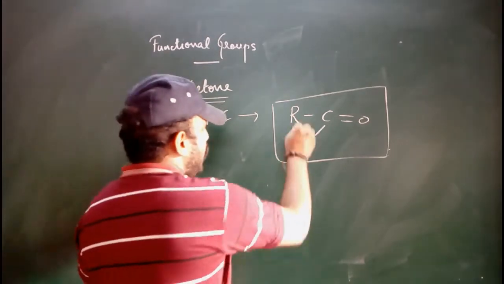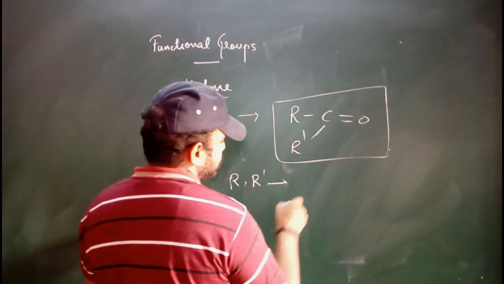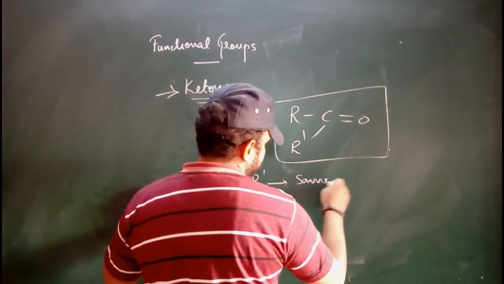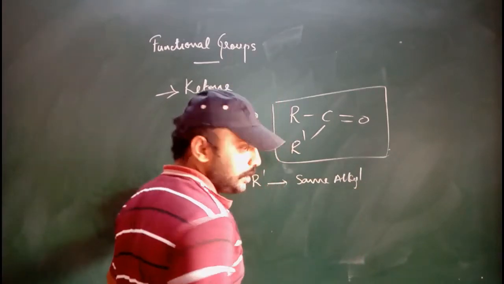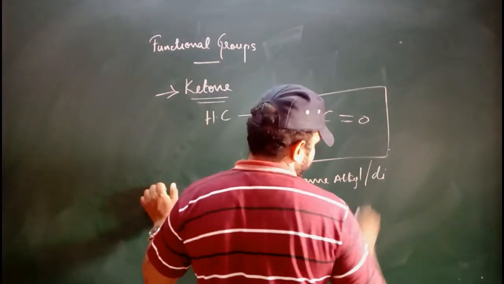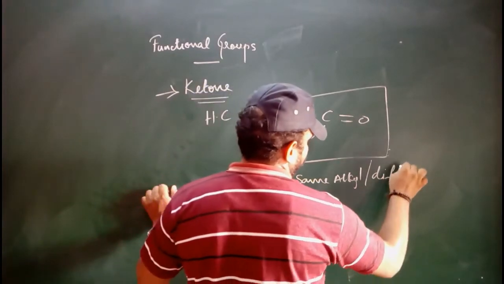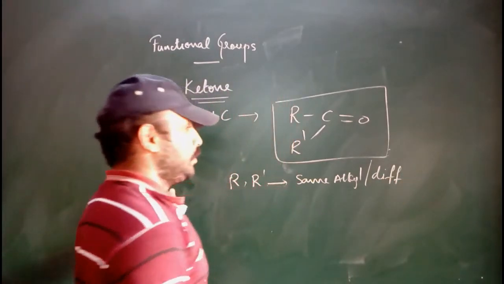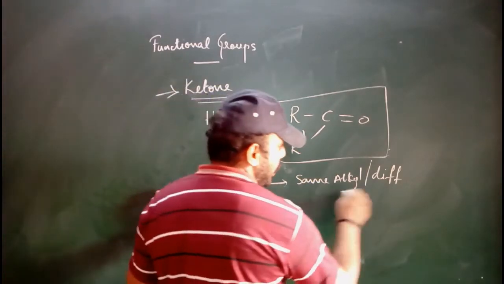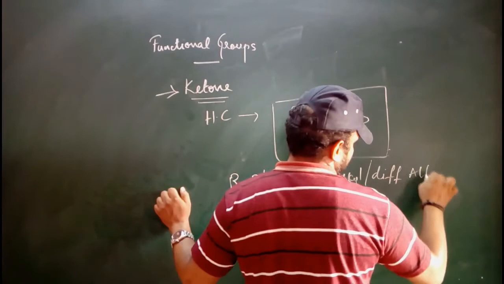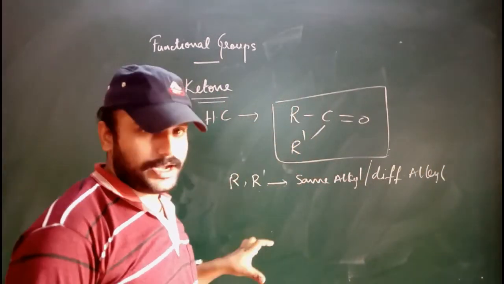So here R and R dash can be same alkyl, or it can be different alkyl group. So RCOR dash.